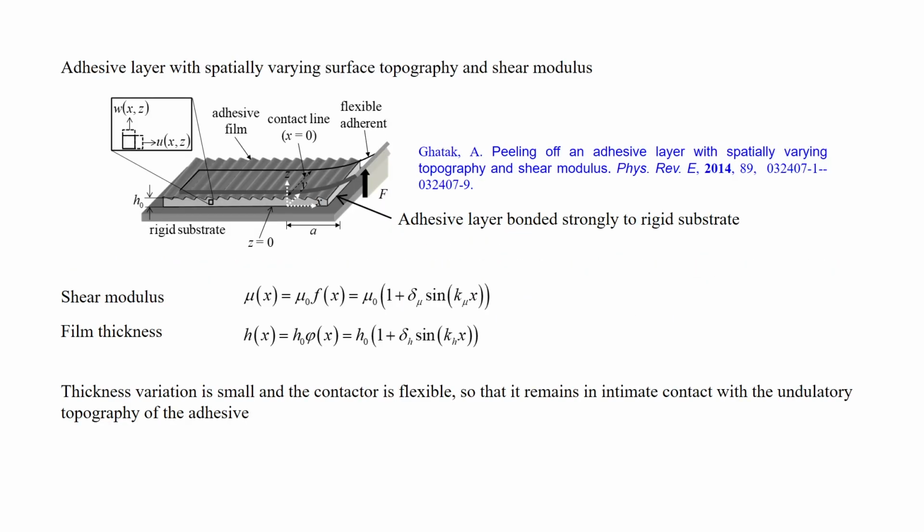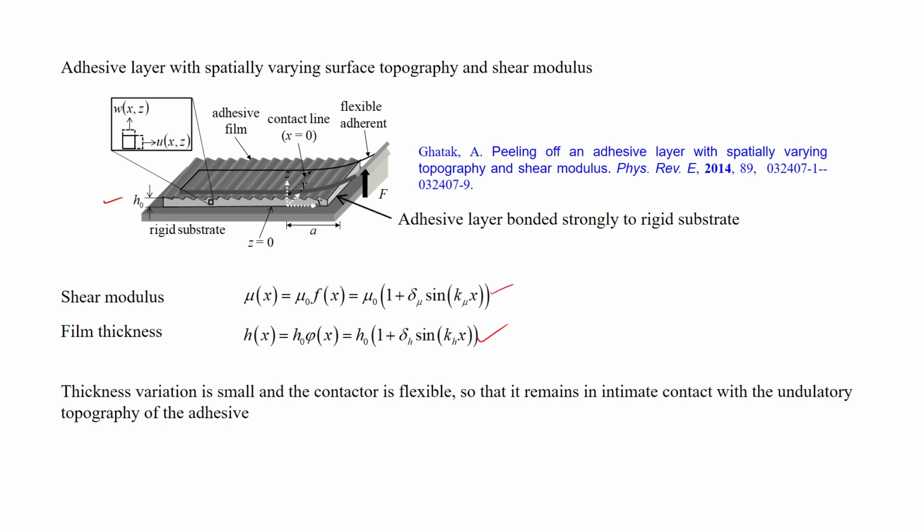So, what we have here is an adhesive layer with its thickness varying, let us say, sinusoidally according to this function, and its modulus also varies according to this equation.